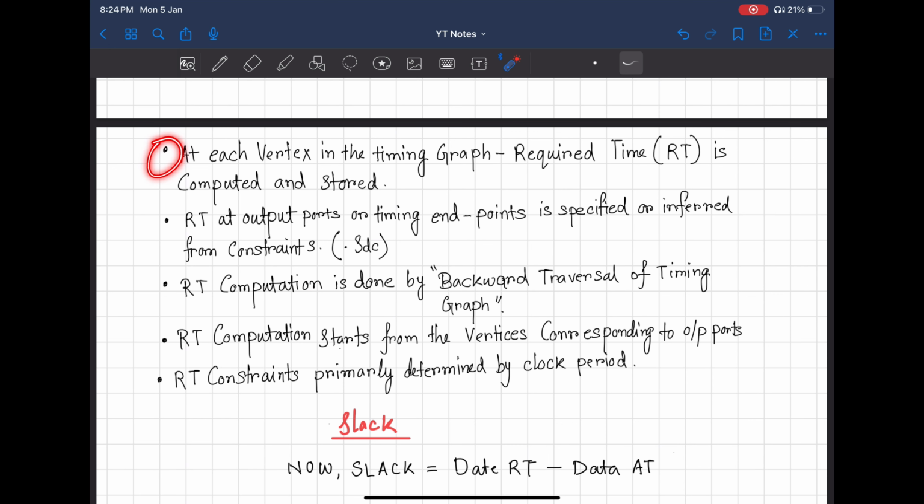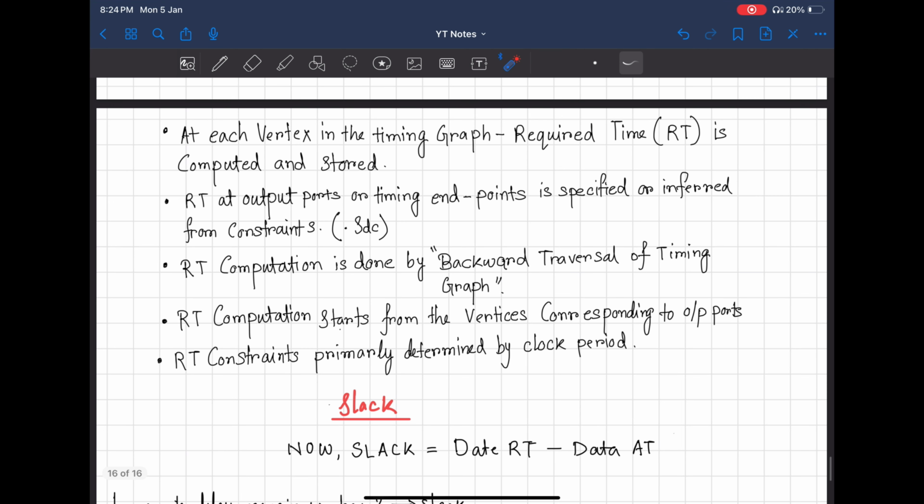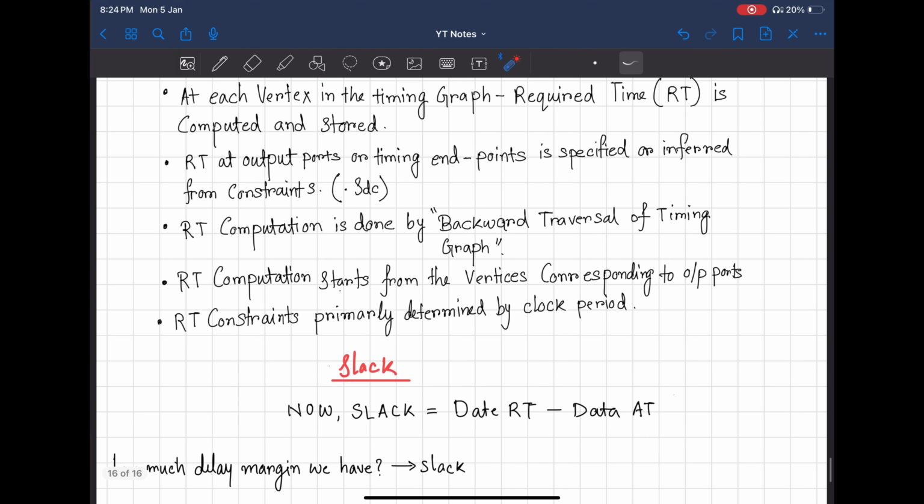The required time for any port, maybe the output port, or at the timing endpoint, is specified by a constant, and it is a backward traversal of the timing graph, primarily determined by the clock period. For setup time, if you remember the formula, the required time is mostly dependent on the clock period.